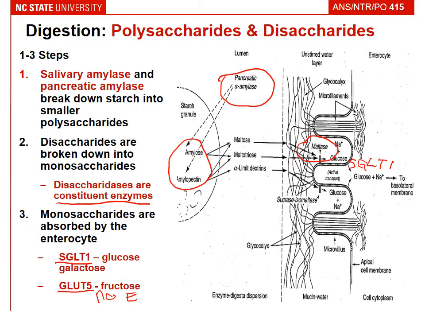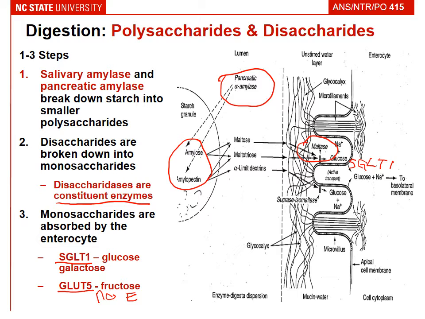And then once the sugars are converted to monosaccharides, they are then absorbed by the enterocyte, and we have 2 main ones that we're going to be focusing on: SGLT1, which we've already talked about, which is sodium glucose transporter 1, and this does glucose as we mentioned before, but also what we didn't mention in the last unit was it absorbs galactose.